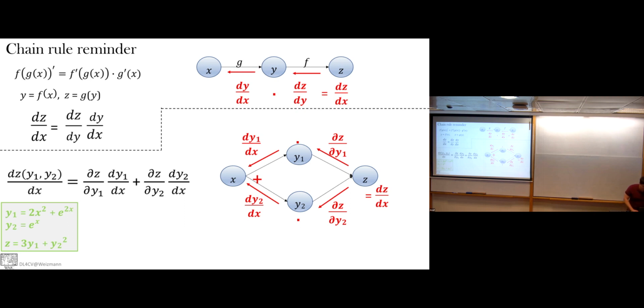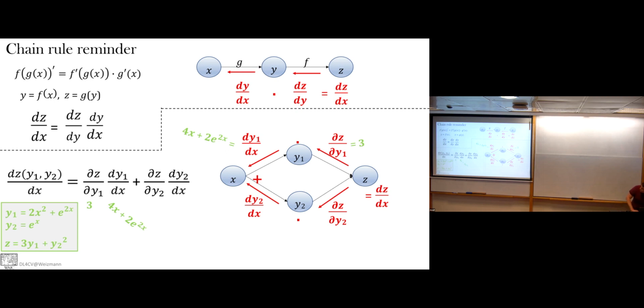3. Yes, it's 3. And then what is dy1 over dx? 4x plus 2e to the 2x. Exactly right. Okay, and now we just need dz over dy2.